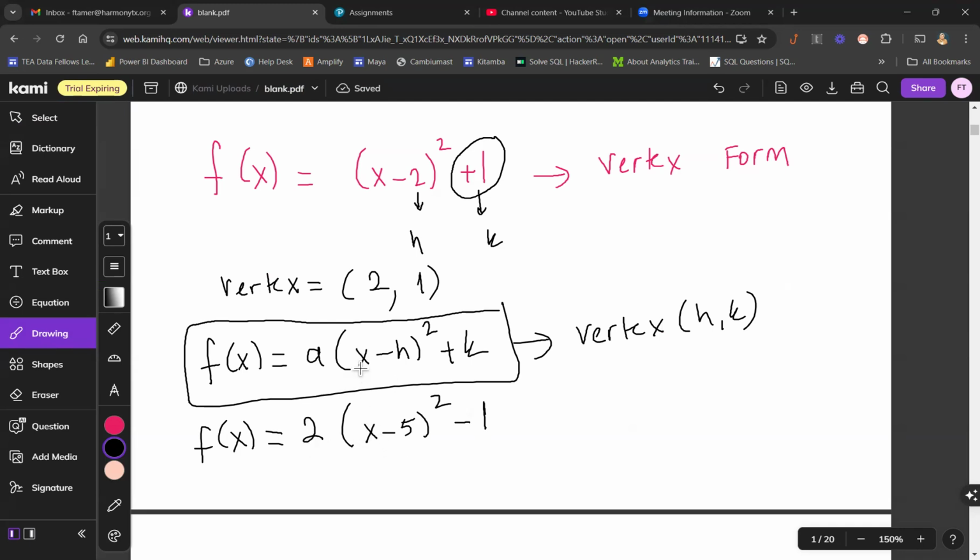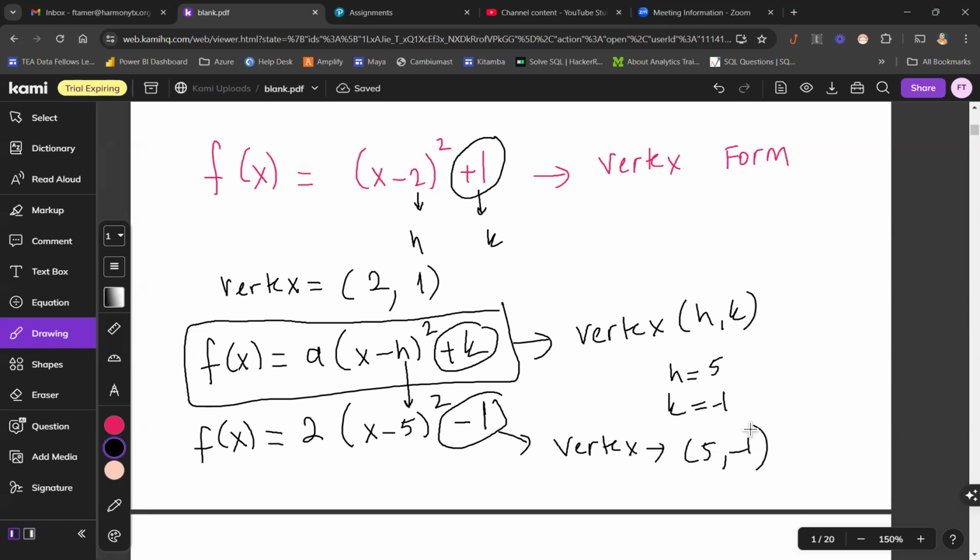And then x and x, they match. Negative sign and negative sign, they match. So that makes your h just 5, and then the k is equal to negative 1. So h is 5, k is equal to negative 1. So for this question, the vertex will be at positive 5 and negative 1.